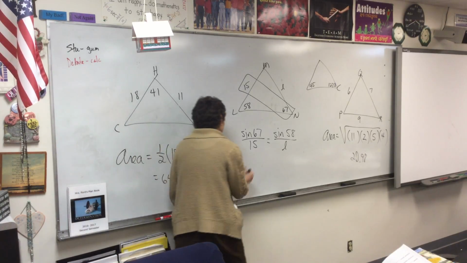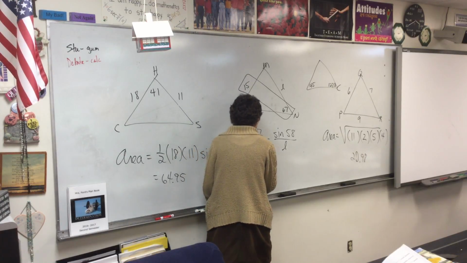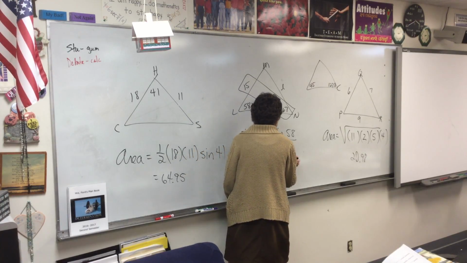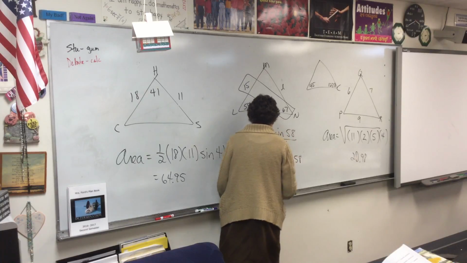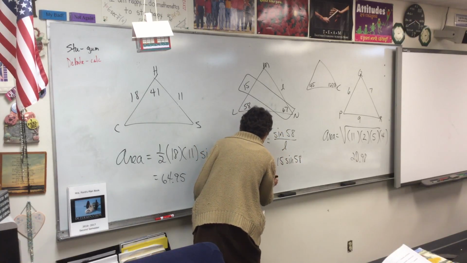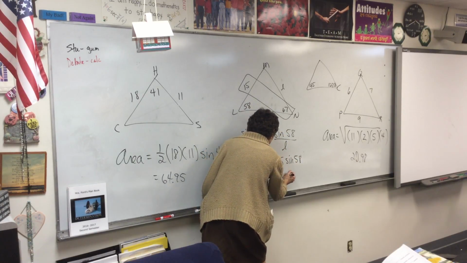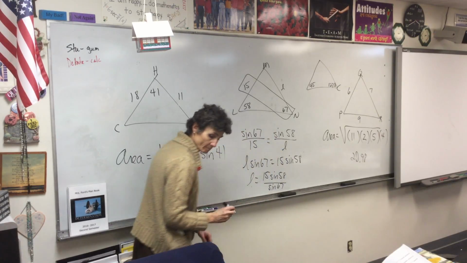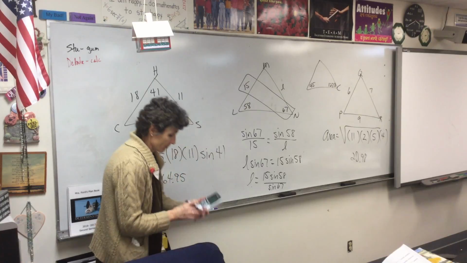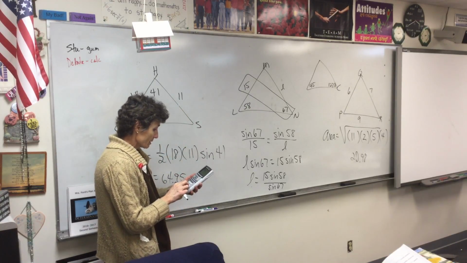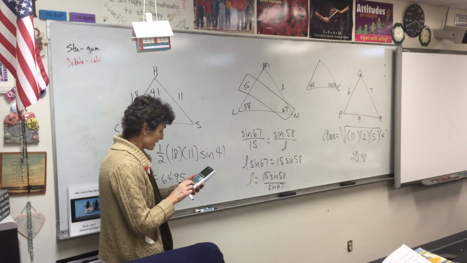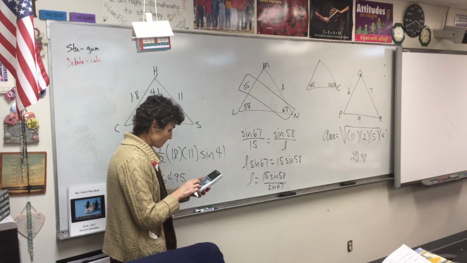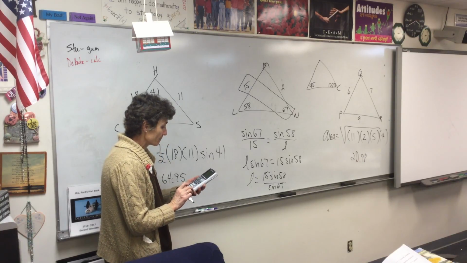So here we go. L sine 67 equals 15 sine 58. So L equals 15 sine 58 divided by sine 67.